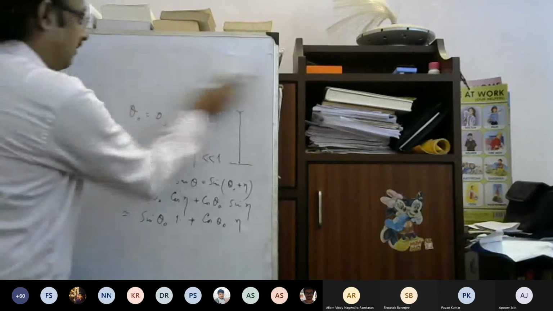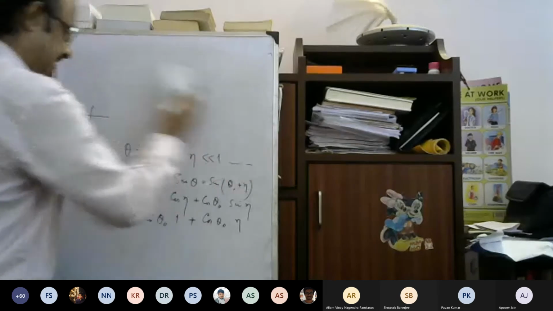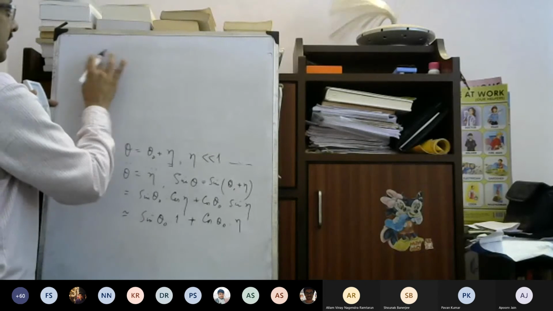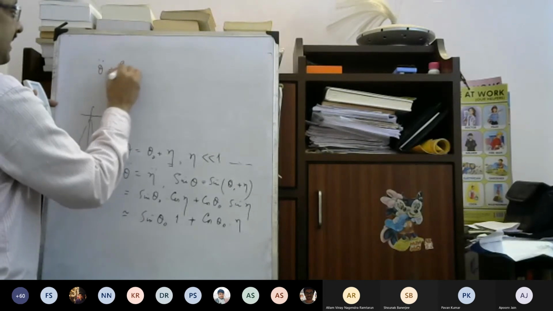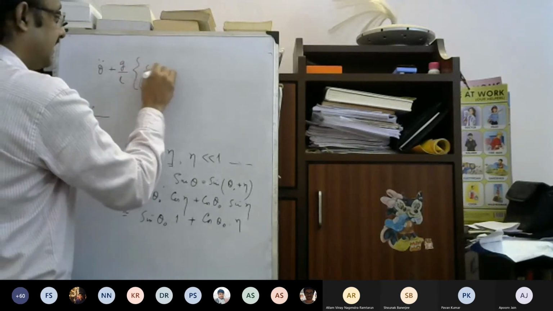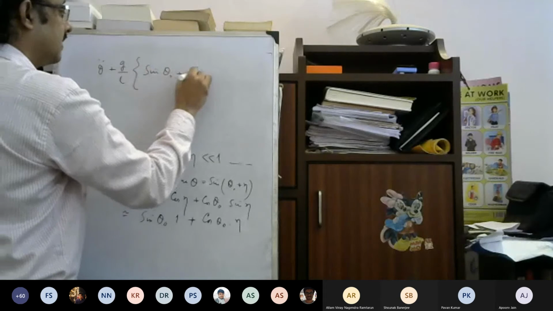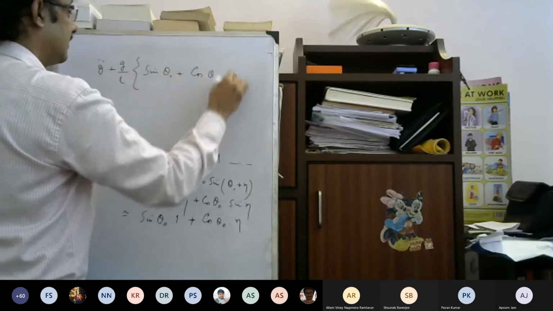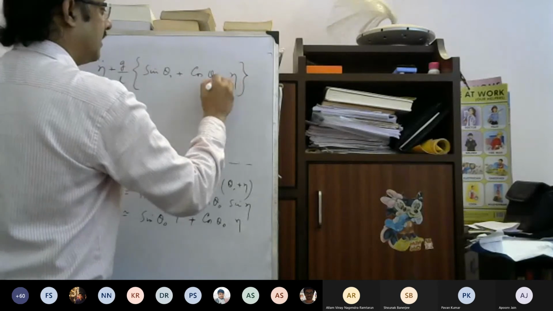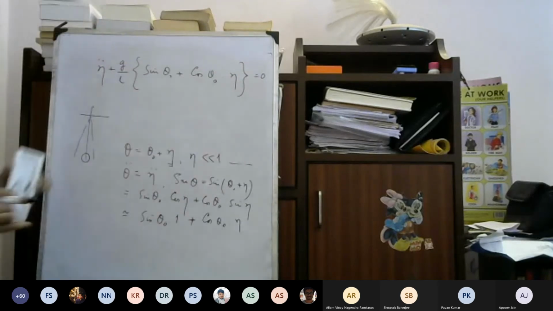Now our equation around the equilibrium position will be eta double dot plus G by L times sine theta, which is sine theta naught plus cosine theta naught times eta.